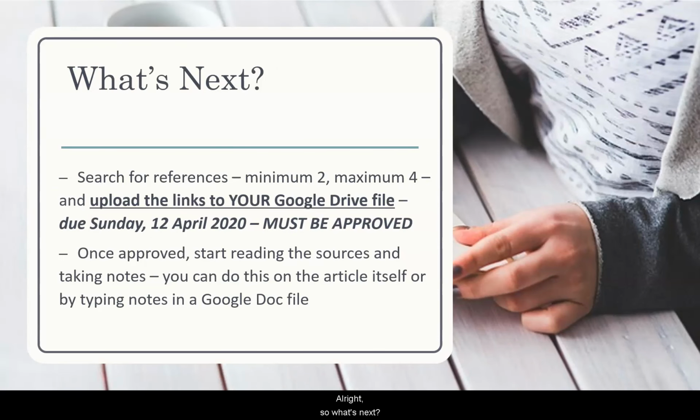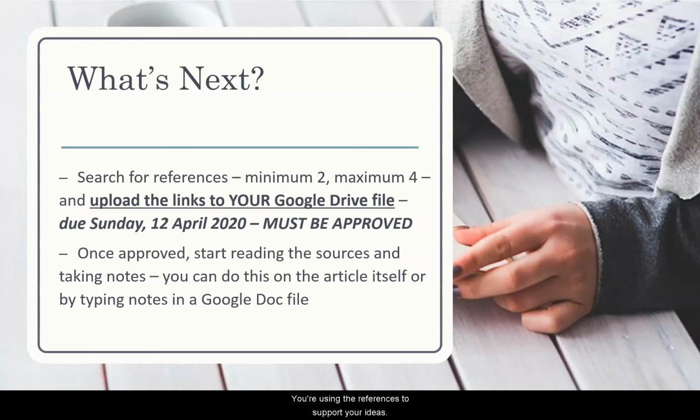All right, so what's next? Your job next is to search for references. You need to find a minimum of 2 references and a maximum of 4 references for your essay. I don't want more than 4 because I don't want this to turn into a researched article.